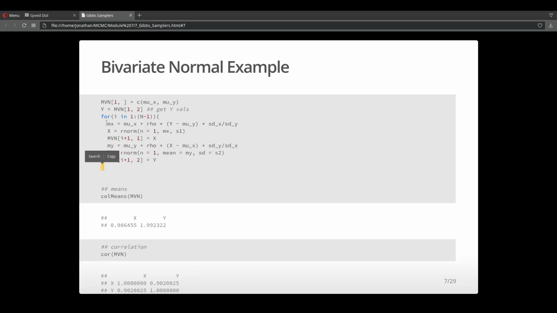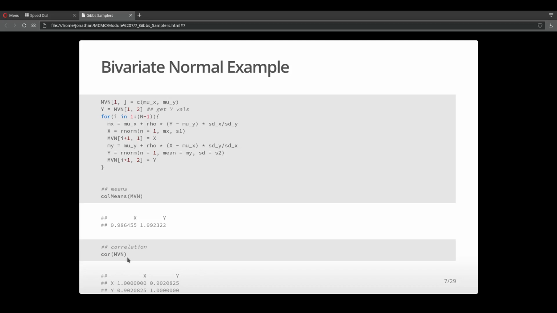So with this updated y value, I update the mu, sample x, update my mu for y, and sample y, and keep doing that over and over again. I think I set the for loop to run for like 10,000 or 100,000 iterations. And just to check, I can also calculate the means of my columns, which are basically 1 and 2, which correspond to the theoretical values I set.